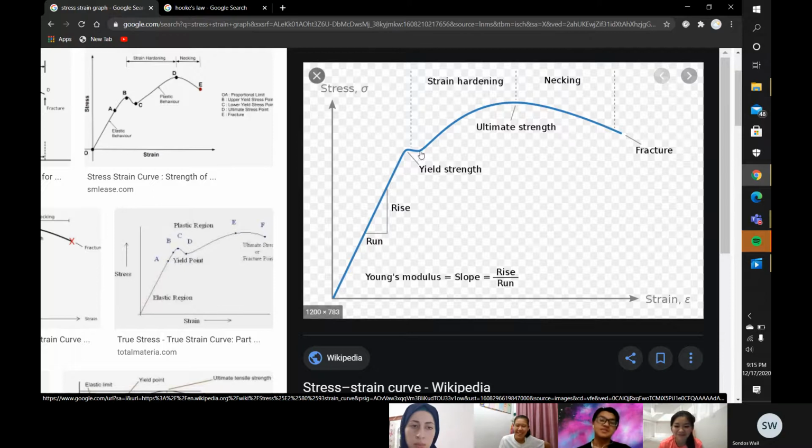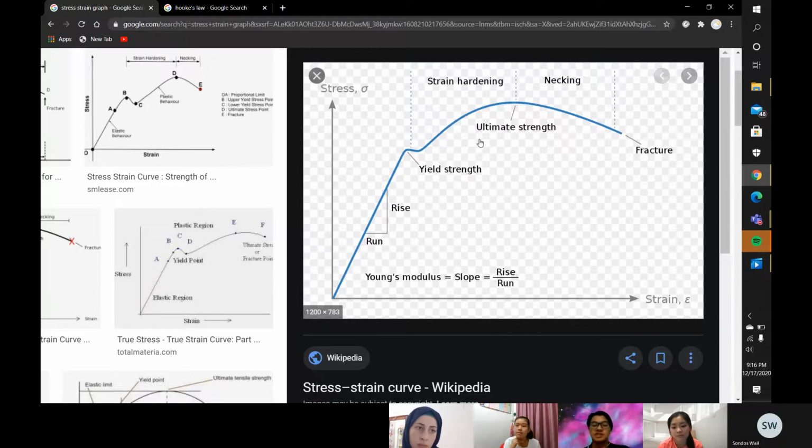As we stretch the spring, the extension of the spring, the yield point is the maximum point up to which we can extend the spring and it can return to its normal state. If we exceed the yield point, the spring cannot return to the normal state.